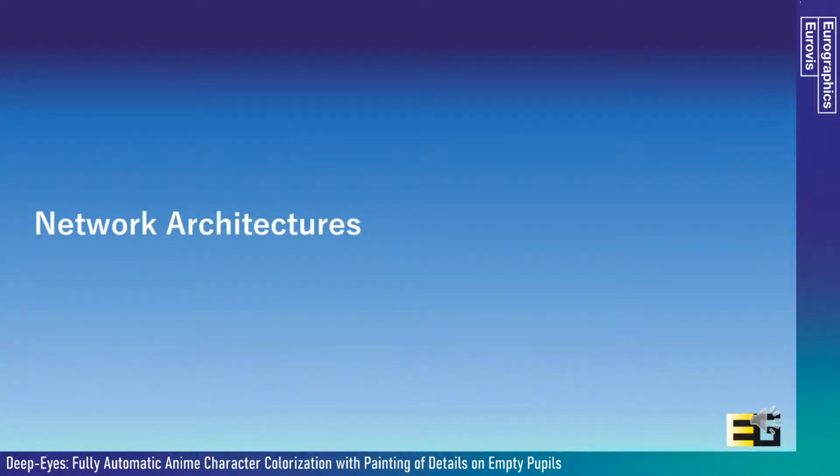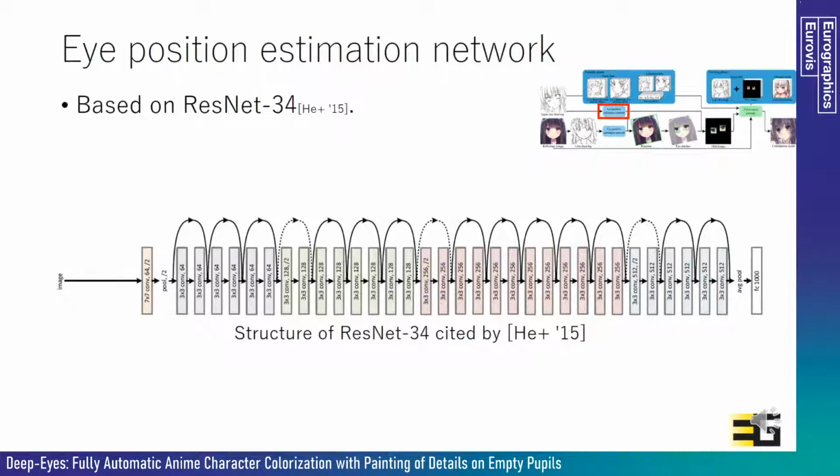Our method uses two types of network, namely the eye position estimation network and the colorization network. The eye position estimation network estimates eye positions of the input image, except for the input and output layers.